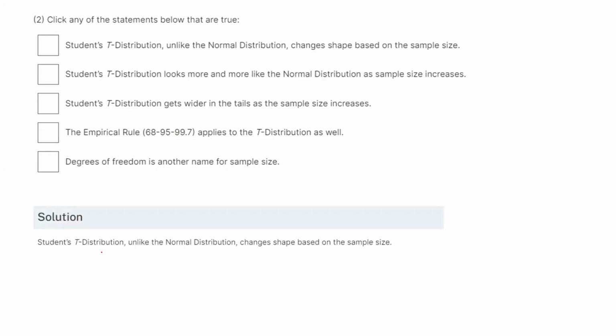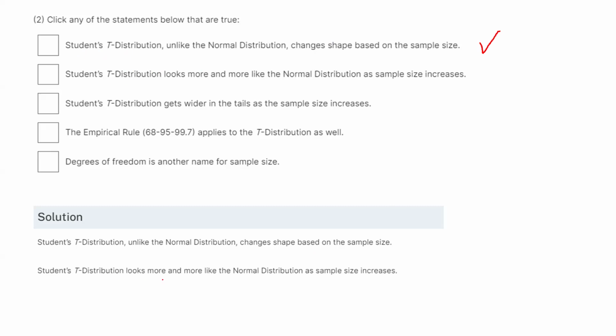Remember that students' t-distribution, unlike the normal distribution, changes shape based on the sample size. Normal distribution has a fixed graph, but students' t-distribution is a family of graphs.